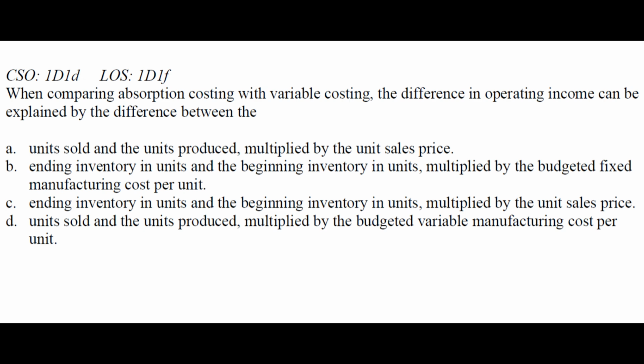Variable manufacturing costs are treated as product costs under both methods, and therefore do not create the income difference. Correct answer, B. The difference in operating income between absorption costing and variable costing is explained by the change in inventory units multiplied by the fixed manufacturing overhead per unit, since only absorption costing includes fixed manufacturing overhead in inventory.